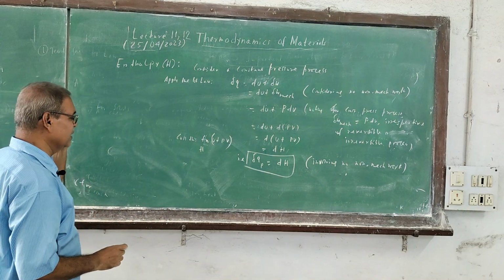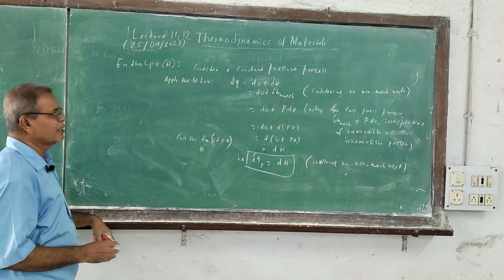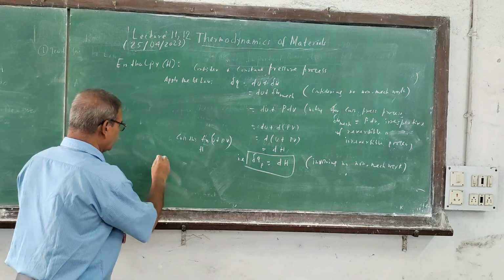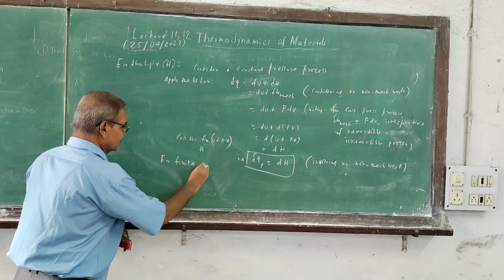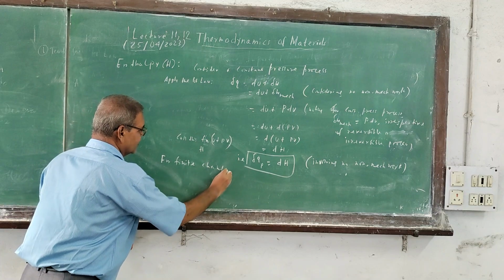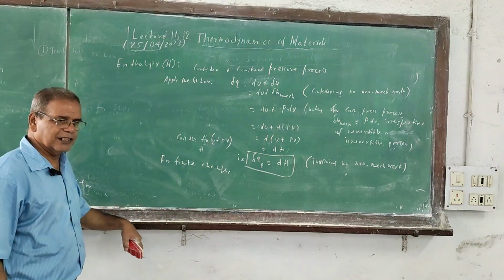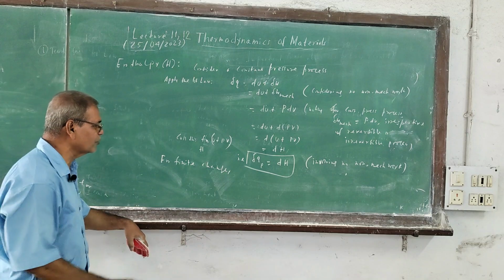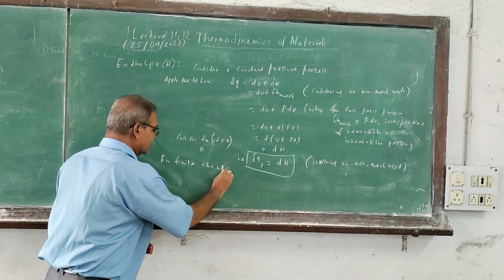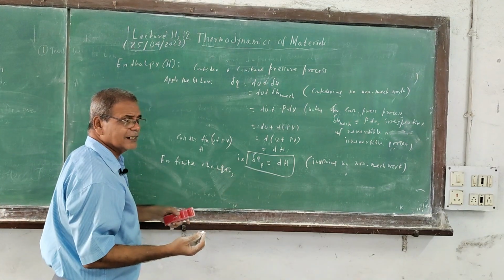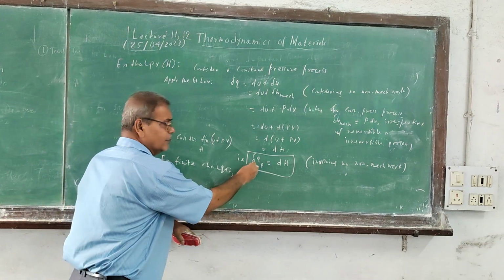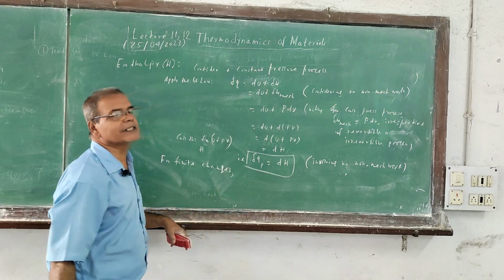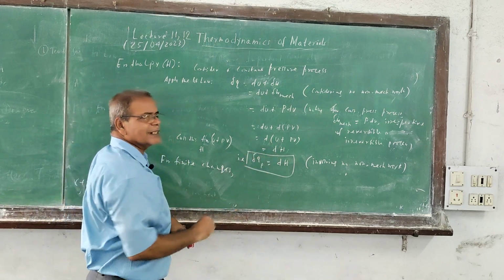Now I tell you what. So this is for infinitesimal small changes. For finite changes, how do you write this? Tell me. dQ integration. Finite means integration.